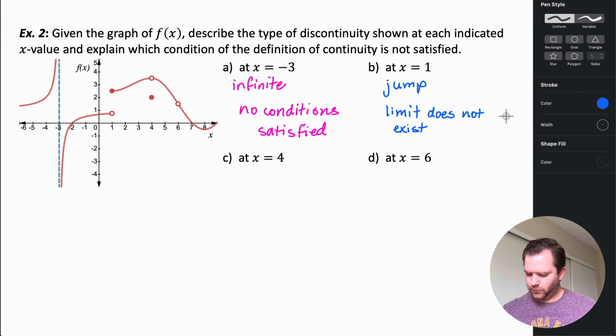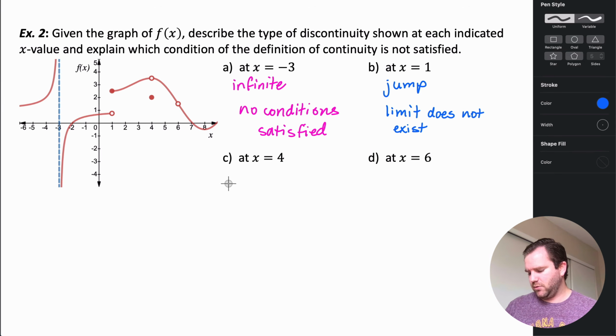What about at x equals 4? As I approach 4 from the left, my curve is up here at about 3.5. And as I approach 4 from the right, my curve is up here again at about 3.5. They're approaching the same value. But the value of my function at 4 is 2. So in this situation, the limit does not equal the value of my function.